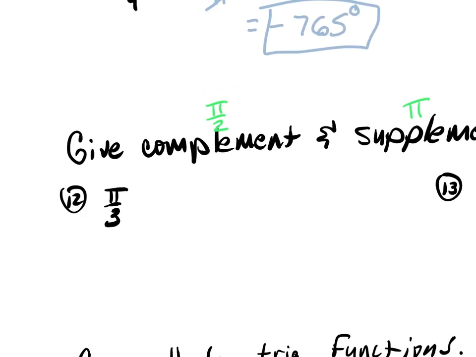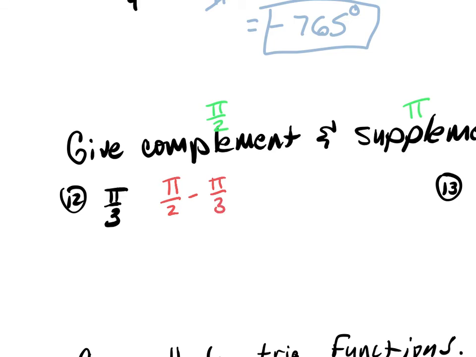So we have pi over 3 plus some angle that's going to be equal to pi over 2. So we can say pi over 2 minus the angle that's given, so pi over 3, and that's going to be our complement.